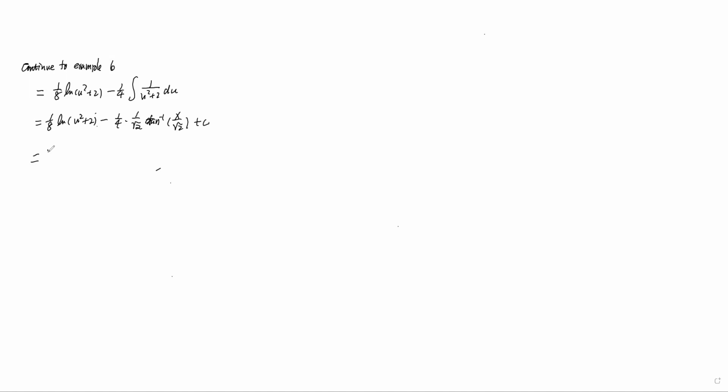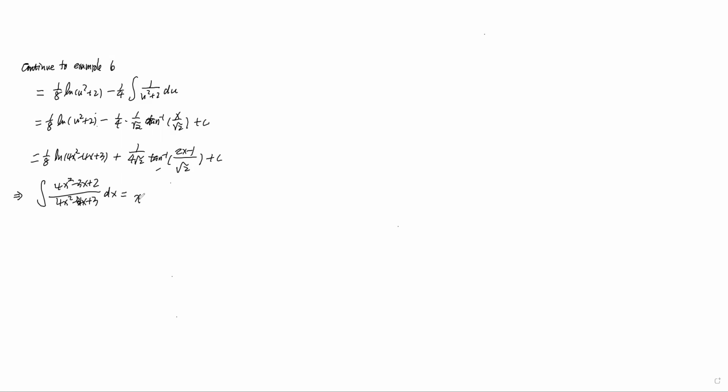So this is 1/8 ln(4x squared minus 4x plus 3) minus 1/4 times 1/square root of 2 times inverse tangent of (2x minus 2)/(square root of 2) plus c. So we got the integral of (4x squared minus 3x plus 2)/(4x squared minus 4x plus 3) dx.